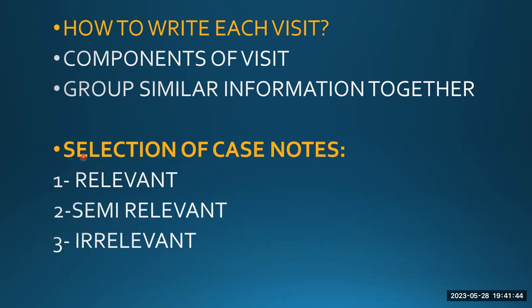Then, how will you do case note selection? Try to highlight or underline or divide the case notes into three categories. Ask yourself if this is a relevant case note or irrelevant, or maybe semi-relevant. Like you will be confused whether they are relevant or not. Maybe they're just a little bit relevant. So you will definitely not miss relevant notes, and definitely not include irrelevant ones.